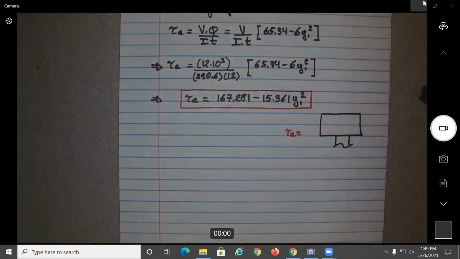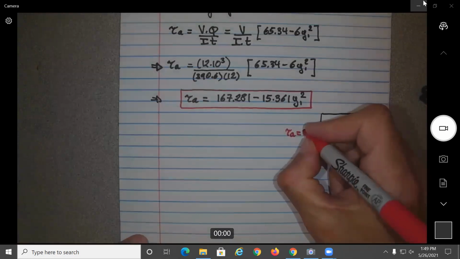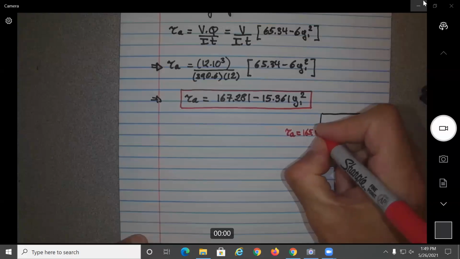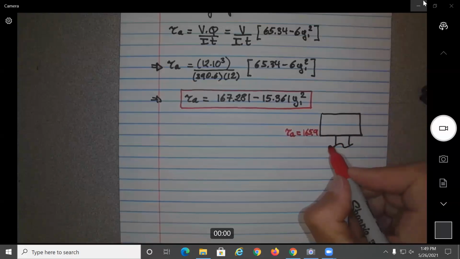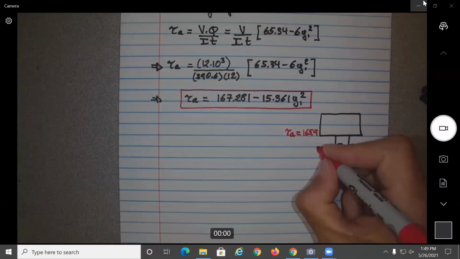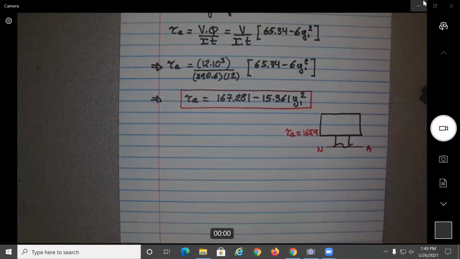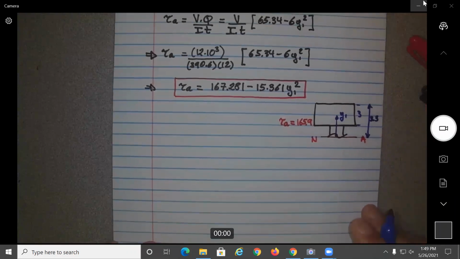Okay, 165.9. All right, so this is, let's say, the neutral axis. This is y sub 1. This is 3. This is 3.3.